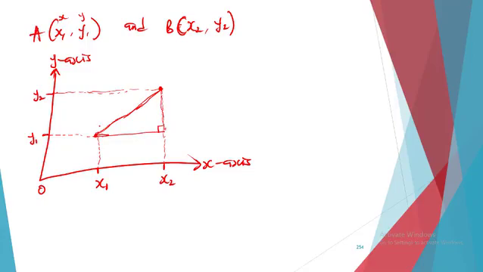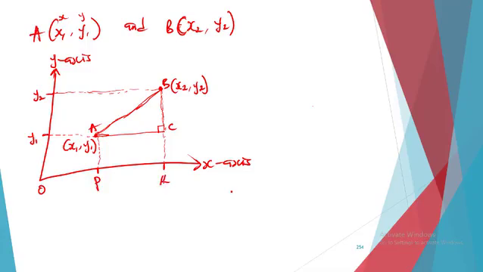So we have these to be, let's say, A, B, and C. Now the point A is the point where we'll have x1, y1, and the point B is where we'll have x2, y2. Is that correct?